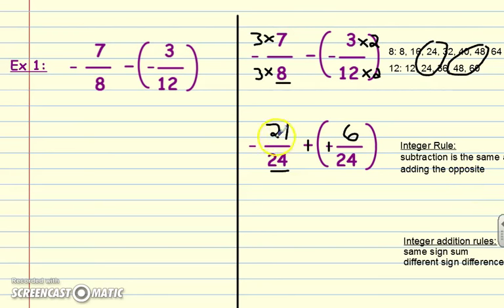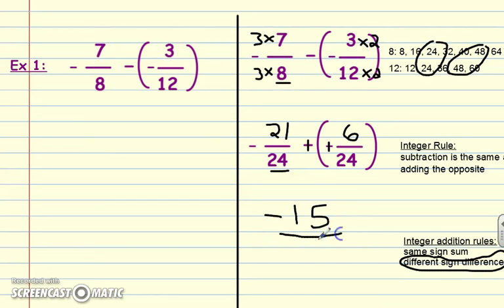Now I've got negative 21 and positive 6. Since they are different signs, I'm going to use difference. 21 minus 6 turns out to be 15. And I keep the sign of the bigger one. 21 is a bigger number, and since it's negative 21, I know my answer is negative 15.